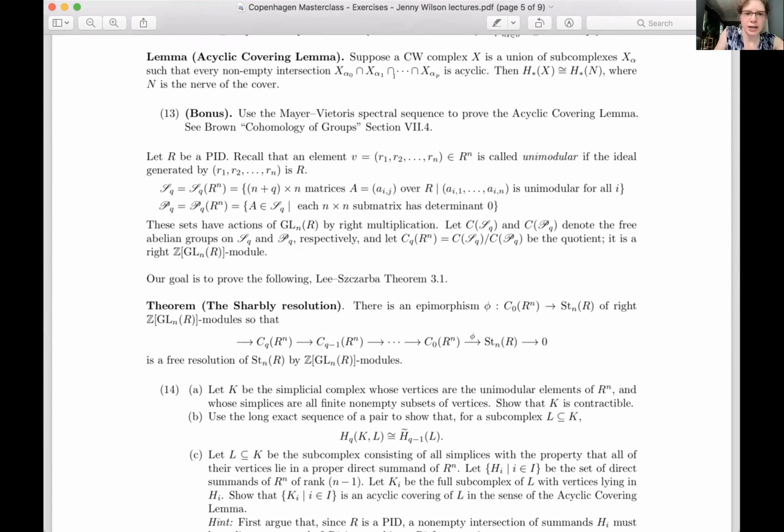The key to their construction is the so-called acyclic covering lemma: if you have a CW complex X that is a union of subcomplexes X_alpha, with the property that the intersection of any collection of these subcomplexes is acyclic, then the homology of X is isomorphic to the homology of the nerve of that collection of subcomplexes. So that acyclic covering lemma is the key.